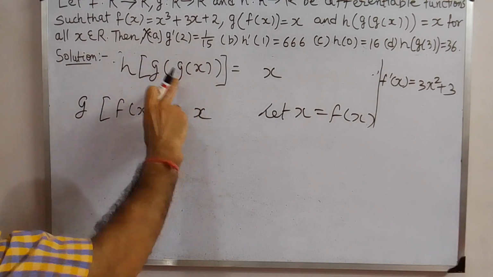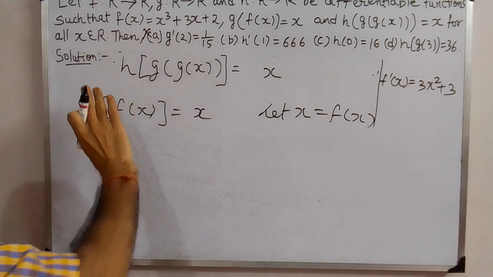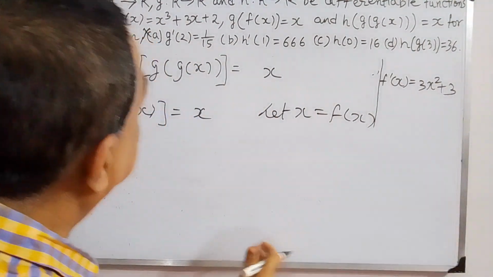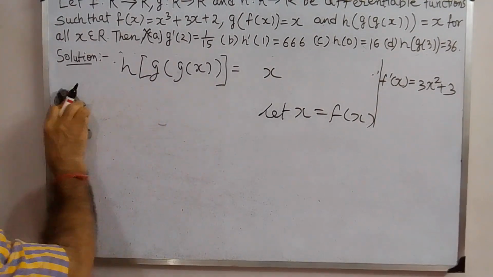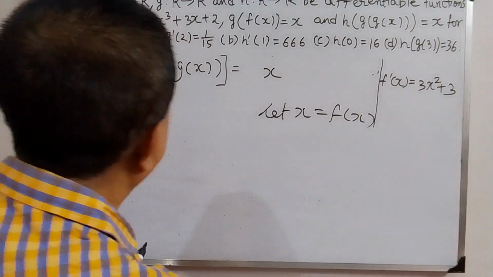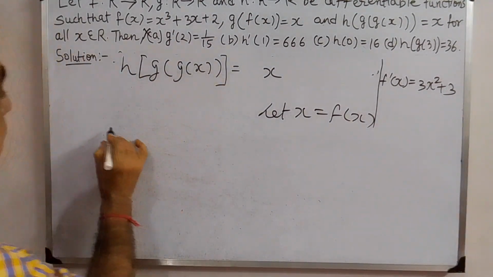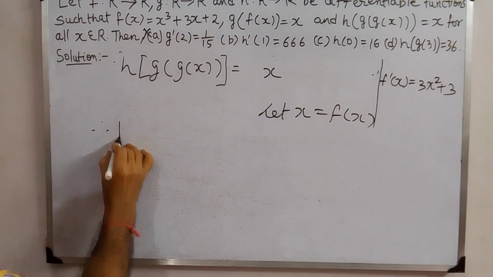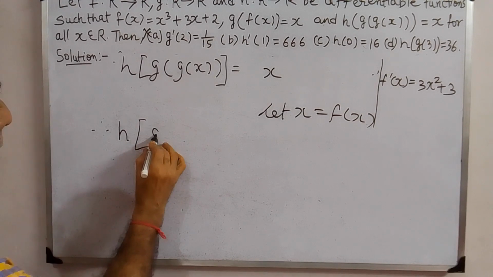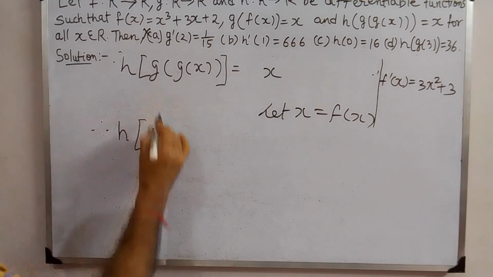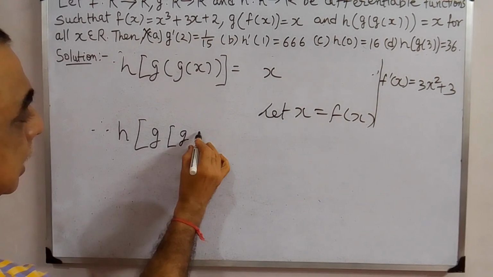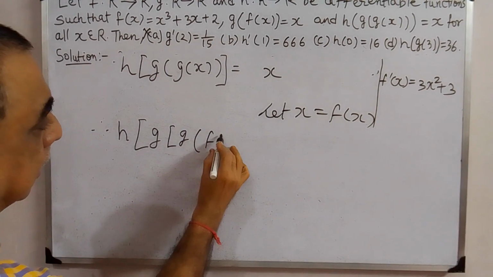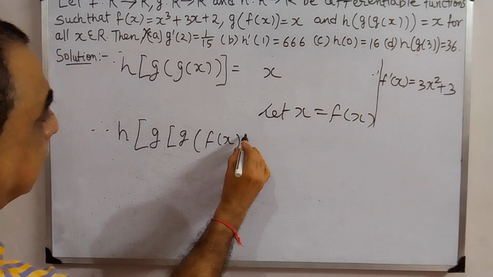So here I will get x. In further simplification, let x equal f(x). So what we are getting from here will be h of g, in place of x we are putting f(x). Clear?